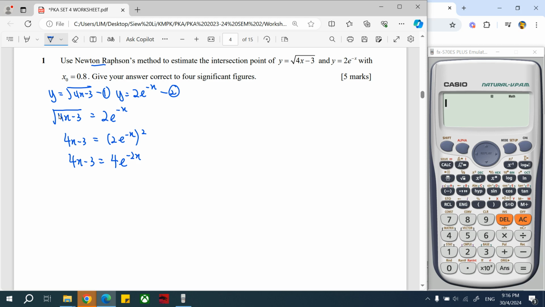Then only we move the rest to the other side. So 4e to the power of negative 2x, minus 4x plus 3, will be equal to 0. Once our equation is equal to 0, we can express it as a function.